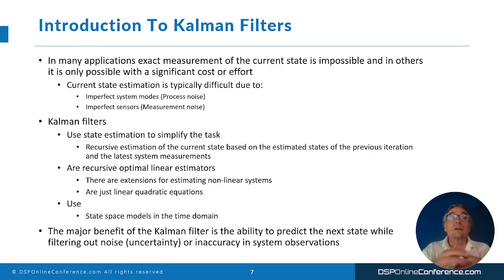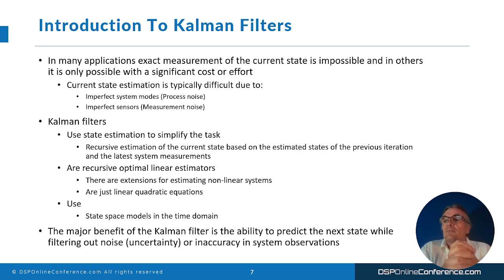Now, estimating the state, or whatever that state is, position and velocity of an object, can be difficult due to many different things. Obviously, measurement noise, sensors and so on, but also process noise. Is there an error in the process of trying to compute the state of that system? So how do Kalman filters help? Well, Kalman filters use state estimation to simplify the process.